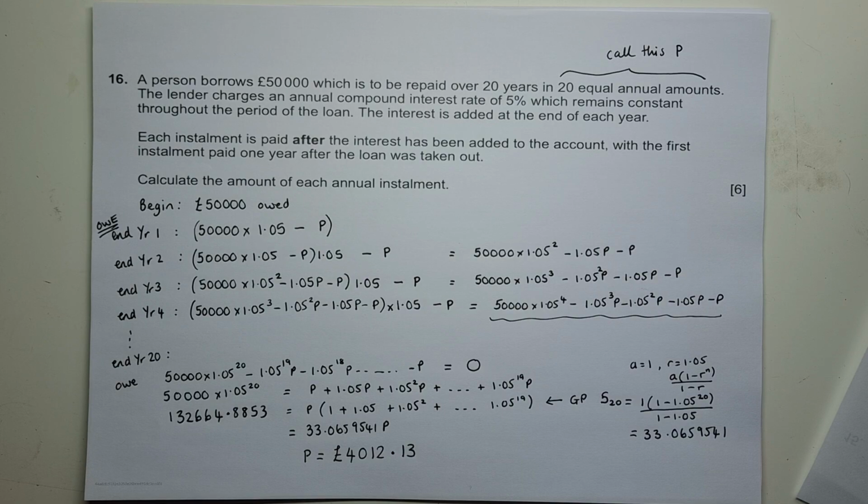Try and express what they've told you and just sort of build it up. Year 1, year 2, year 3. That was the way I tackled it. I didn't recognize this as the type of question I'd done before. You just have to try and work out what it's telling you, get that down on paper. You read it to start with and it sounds horrible, and try and put something down on paper to represent what it's describing, and then hopefully you'll see some sort of pattern.